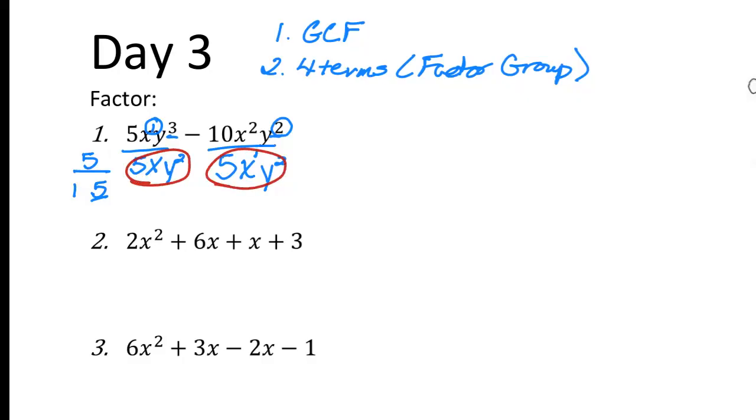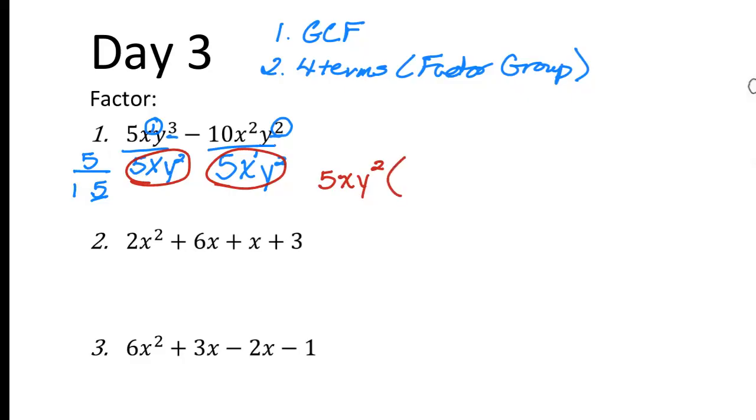But they're not asking for the greatest common factor. They want us to go on and factor. So that greatest common factor becomes my first factor when I am factoring the binomial.